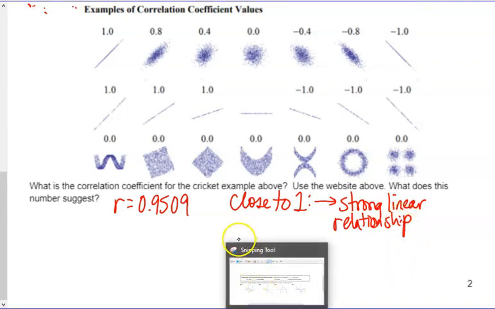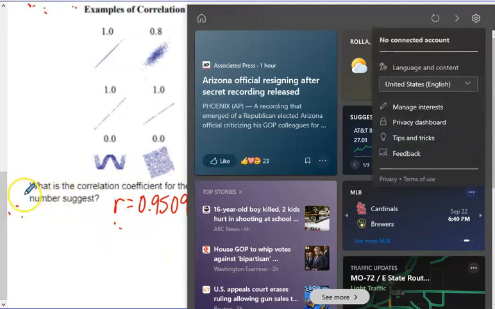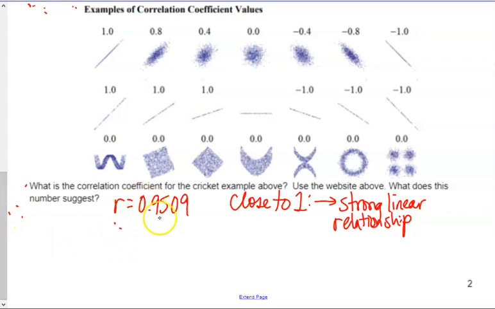Now, we also have to assess the sign of that R value. If that R value is positive or negative, that's what we have to look at. And in this case, that R value is positive. Therefore, we have a positive relationship.